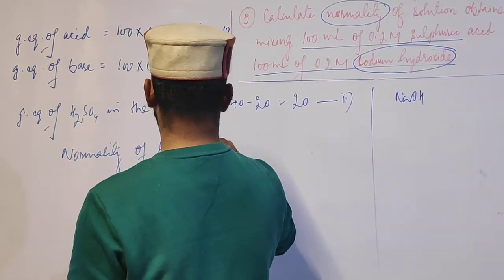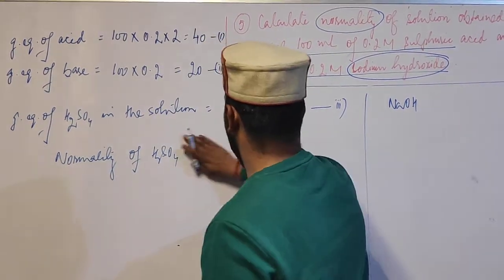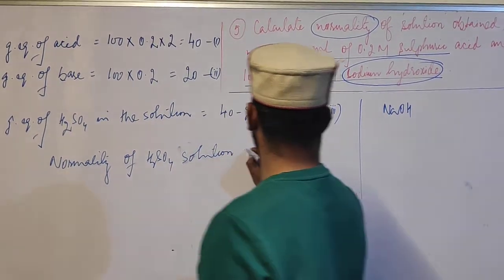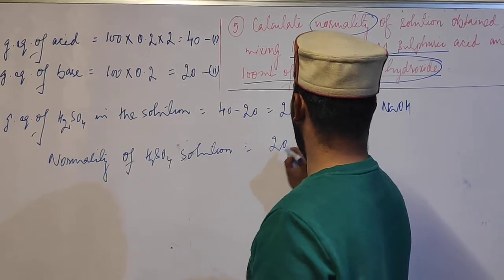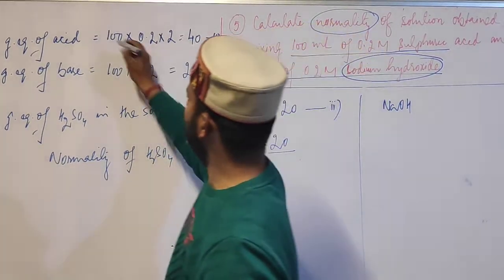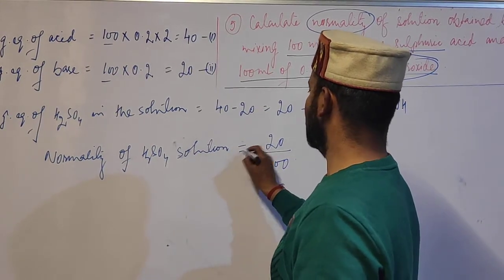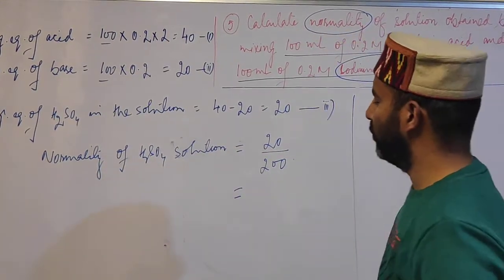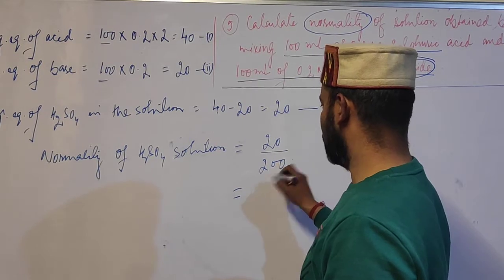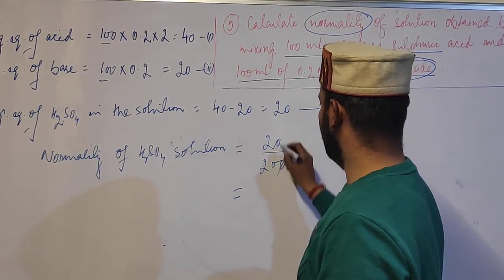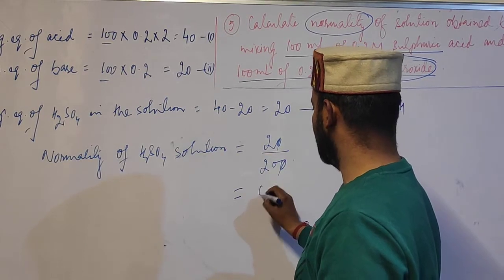Because the solution will be acidic, it will be gram equivalents, that is 20, upon total volume. So total volume is 100 plus 100, it is 200. So students, this is the normality of the final solution. So this is 1 by 10, that is 0.1.